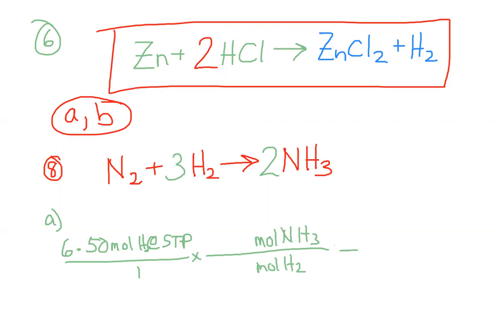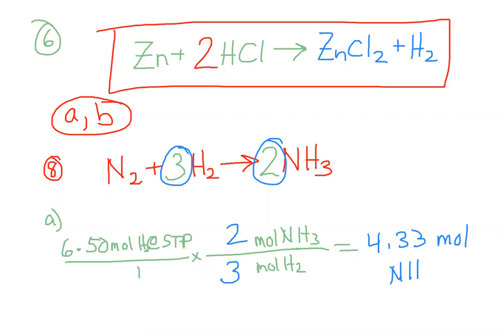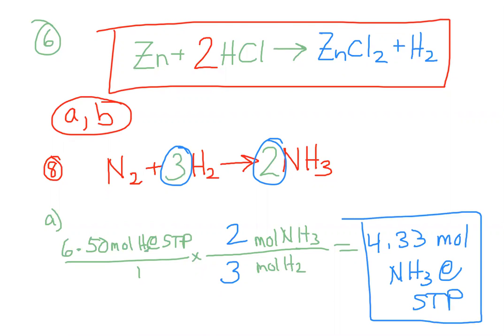So look, we only have to do 1 step here. All we're doing is taking moles and changing it to moles. So what are we going to put in there? Our coefficients from our balanced equation. H2 has a 3, NH3 has a 2. So that's where those come from. You do this problem on your calculator, and you get 4.33 moles of NH3 at STP. And that is your answer for 8A.